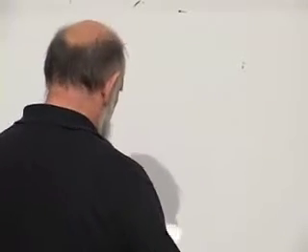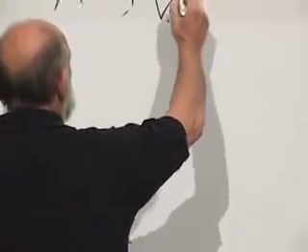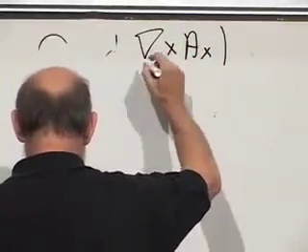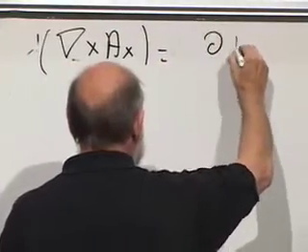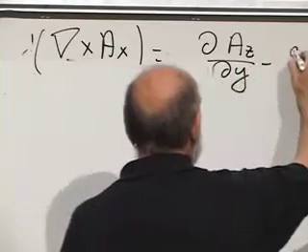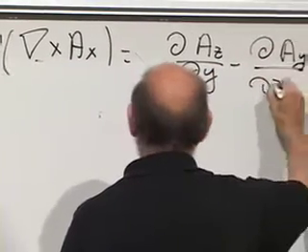Okay, del cross E, the x component. What we have to know is that the x component of a curl is equal to the derivative of the z component with respect to y minus the derivative of the y component with respect to z.